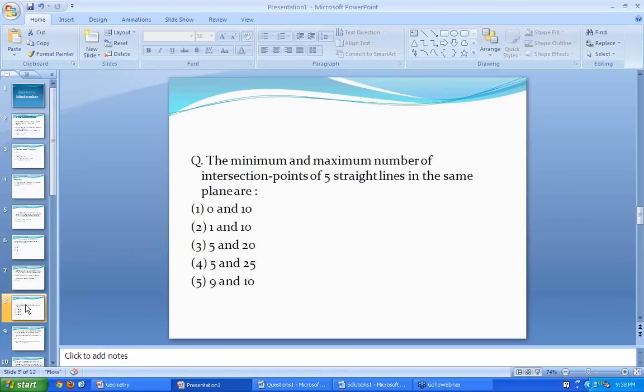This is a pretty easy question. You just need to apply a bit of logic, and I'm pretty sure you'll be able to solve it.